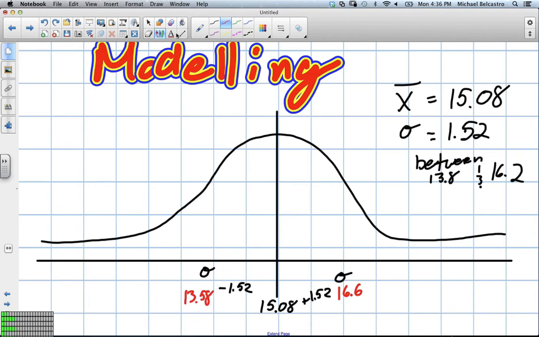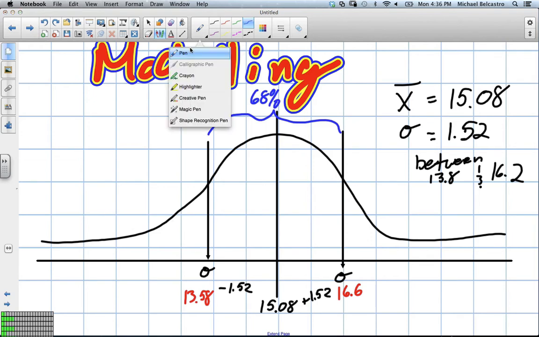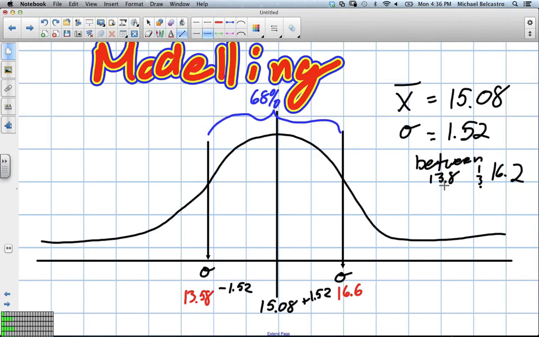13.56. Okay, so that's one deviation both ways. Now we know that within this amount, from here to here, how much of the area of this bell curve is there? Yeah, that's 68%. Well, it just so turns out that we're looking for 13.8, and if we look at these values, that's going to be a little to the right of this, right?